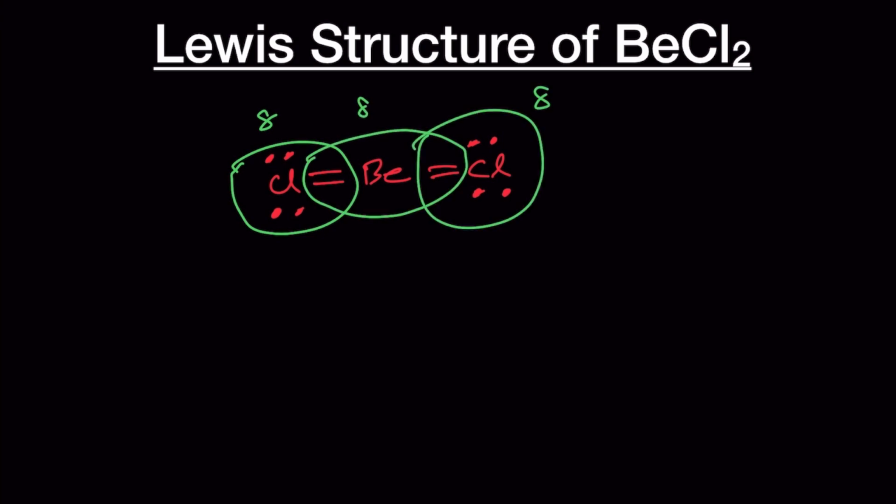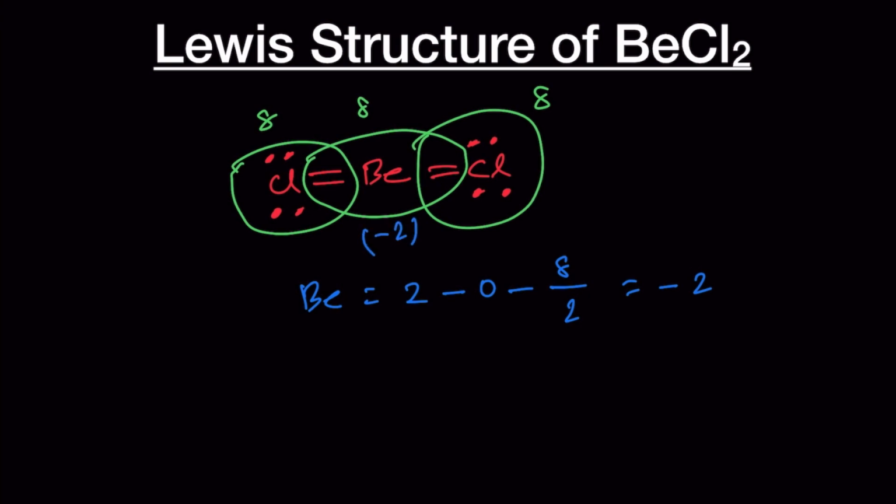Let us calculate the formal charge now. For beryllium, it would be the number of valence electrons 2, minus no lone pairs, minus we have 4 bonds, that means 8 electrons by 2. So, 2 minus 4, the formal charge will be minus 2 on beryllium.